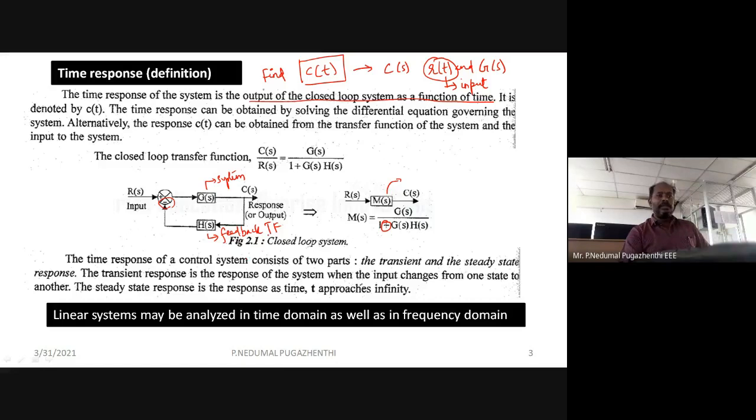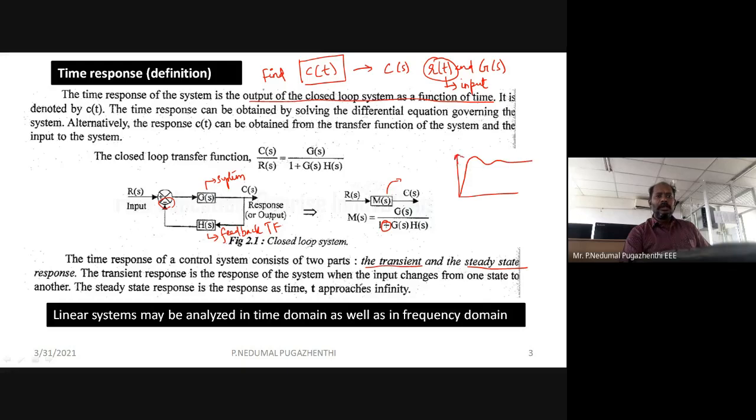If you see the time response analysis, you can divide that into two: the transient response and the steady state response. What happens if your system is responding with a response like the one in the figure?